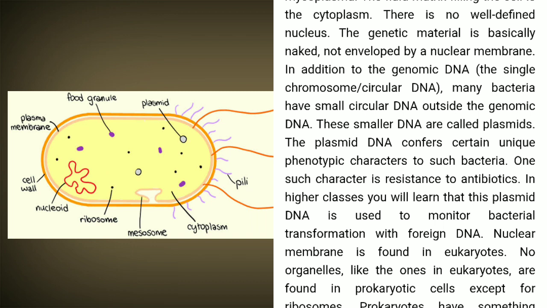And this is called the prochromosome, or another term given here is the genophore, just to distinguish it from the eukaryotic chromosomes. As you know, we have chromosomes in our cells. For example, human beings have 46 chromosomes in a diploid cell.